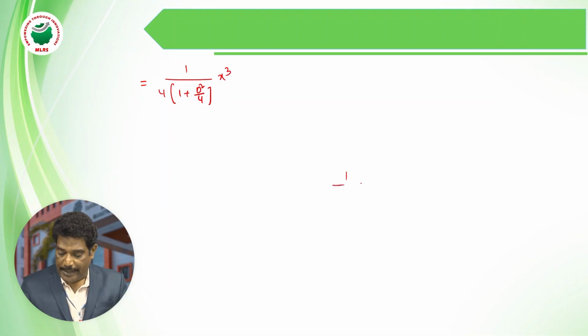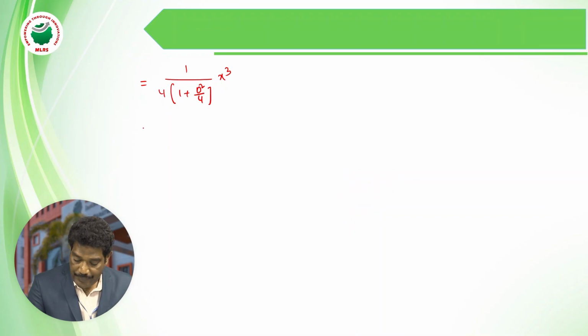So here the denominator we write in the form of 1 plus or minus something in terms of D. Now take the denominator to the numerator and then expand it. This equals 1 by 4 into 1 plus D square by 4 whole power minus 1 into x cube.